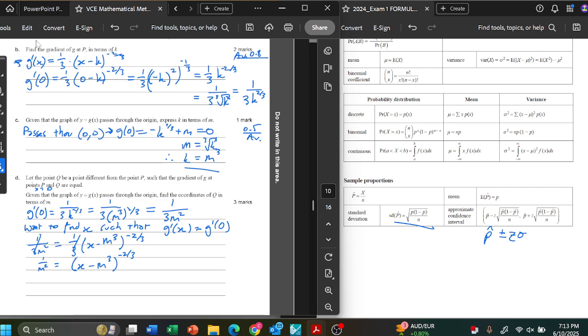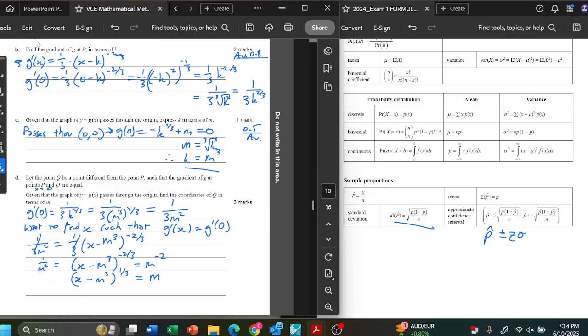We could write this 1 over m to the power of 2, which is the same as m to the power of -2. So we can raise both sides to the power of -1/2, and then that just means that x minus m cubed to the power of a third is equal to just m. That makes our life easier.